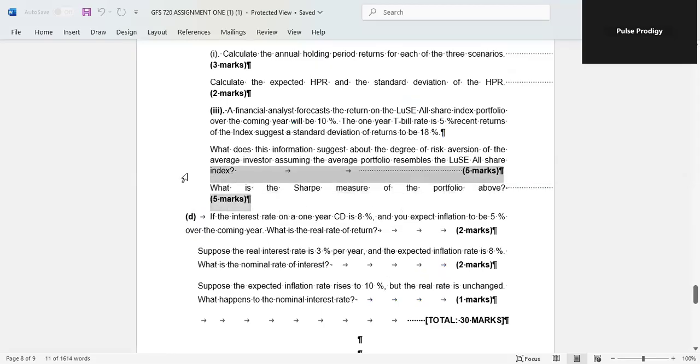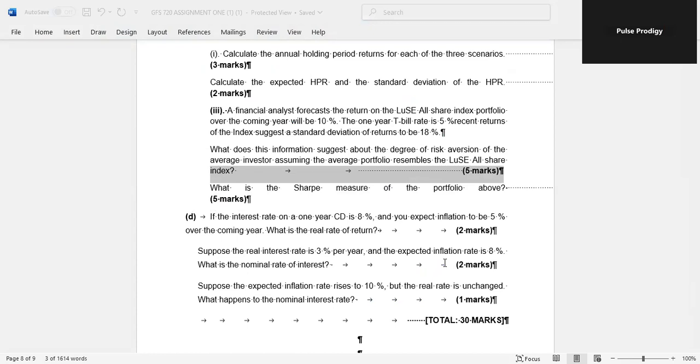If the interest rate on a 1 year CD, I don't know if you're able to see this question. Yes, sir. So it says if the interest rate on a 1 year CD is 8%. Okay, so we have the 8% there.